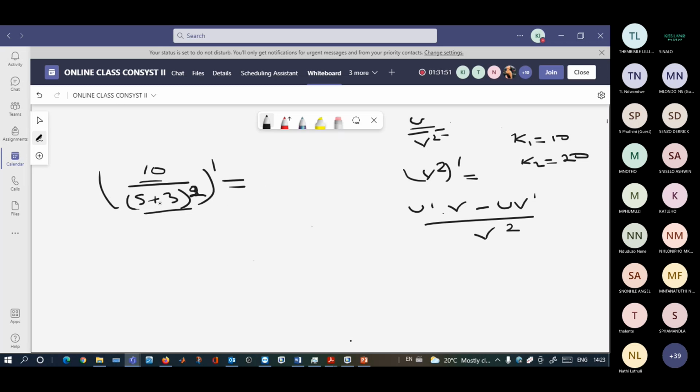So that's why the guy was saying that when you derive this, when we have v to the power m, it gives you m times the derivative v prime times v to the m minus 1. Is that the formula, guys?